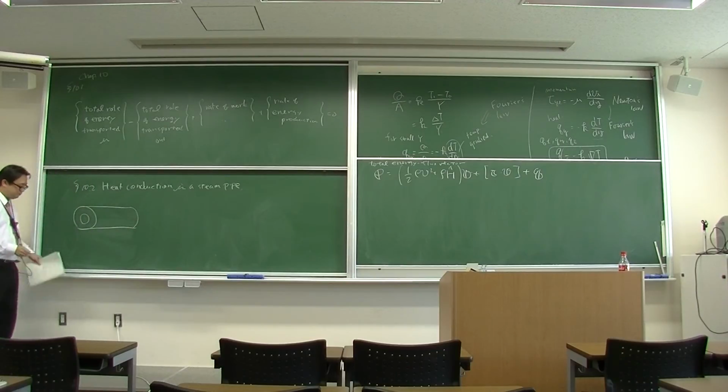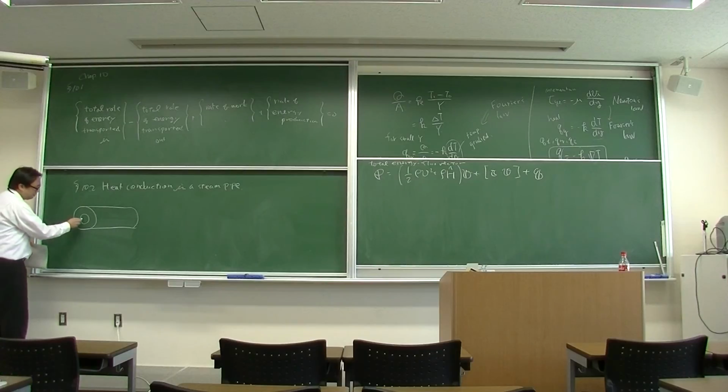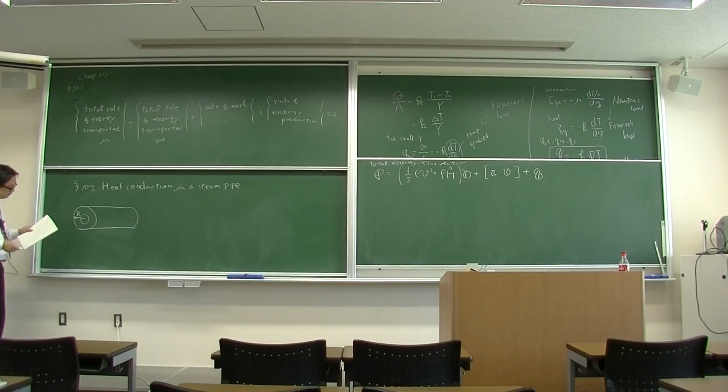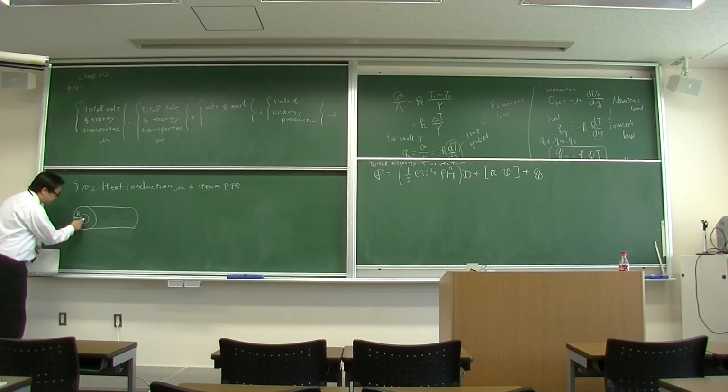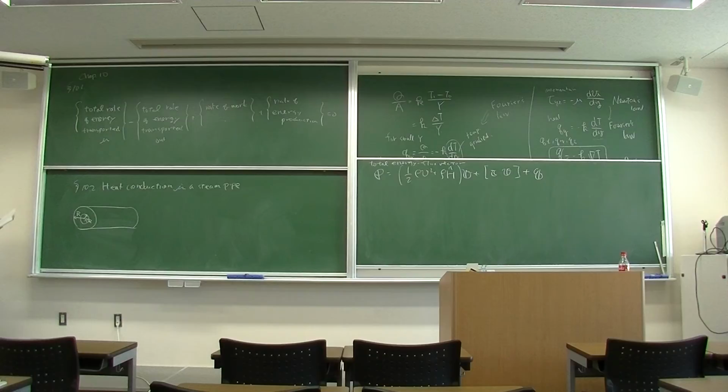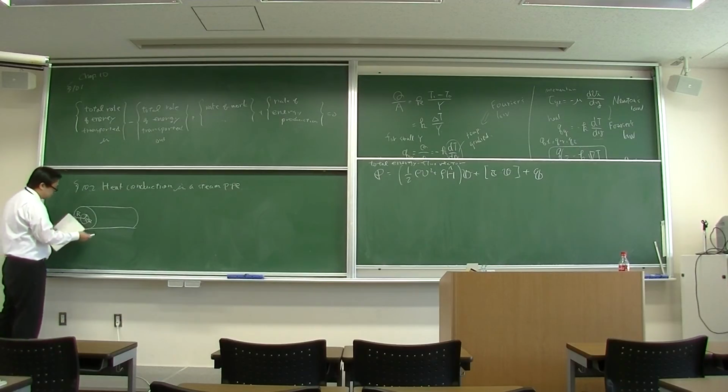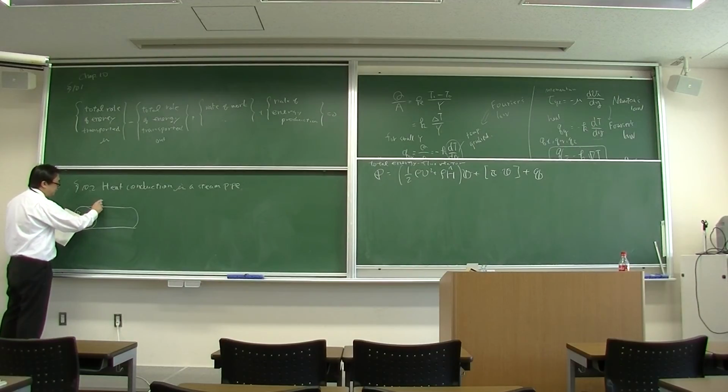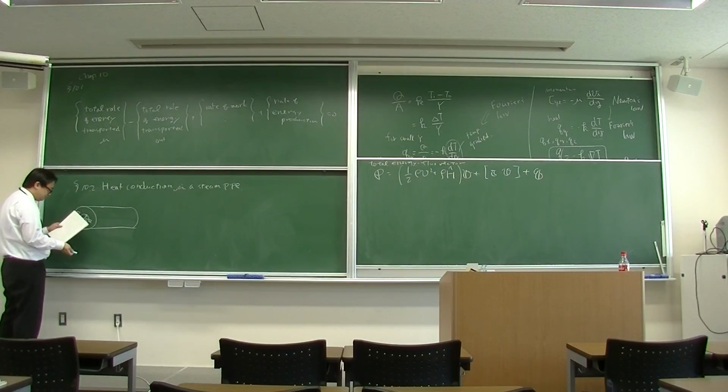So now, here we have a pipe. The outer radius is R, sorry for the very small r. The inner radius is kappa R. Okay, and we want to discuss the temperature distribution in the pipe.